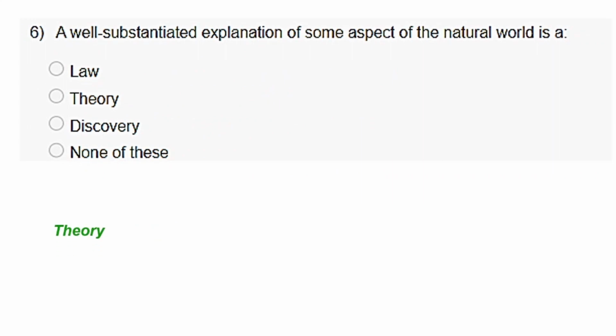This one. Yeah. Correct. So the current question is: a well-substantiated explanation of some aspects of the natural world is... Now my question is, if we replace 'some' with 'every' or 'all', so the question becomes a substantiated explanation of all aspects or every aspect of the natural world, then will the answer still be theory, or could it be the law?